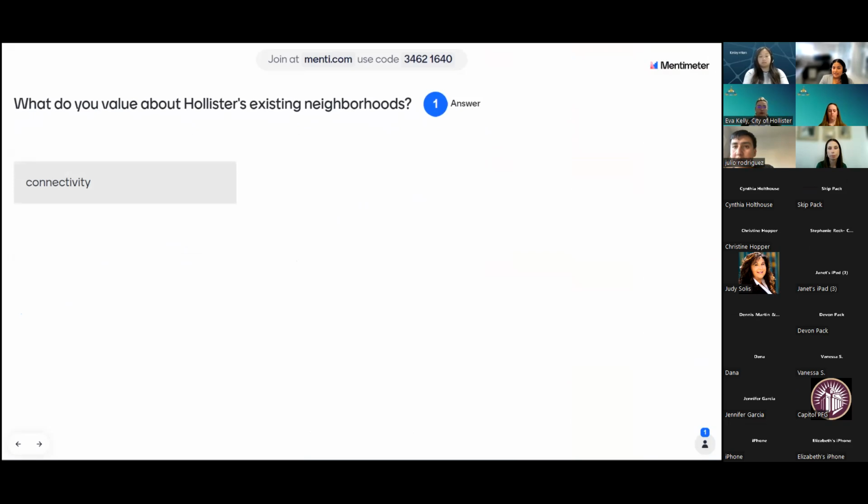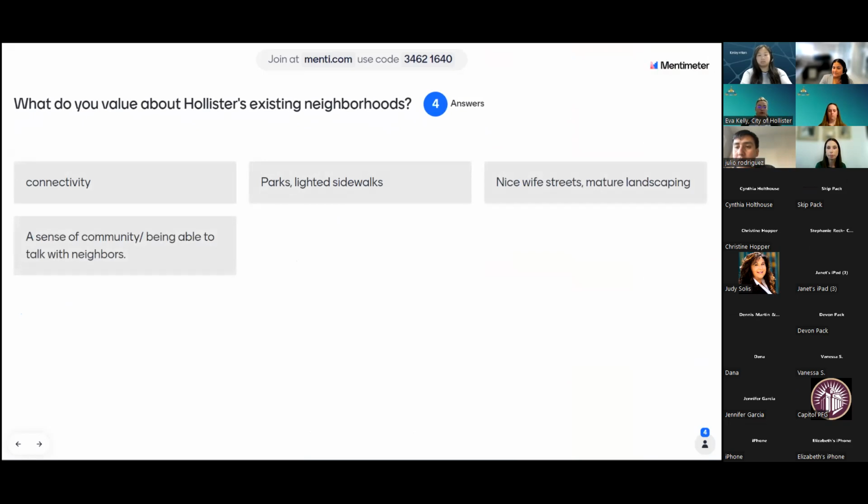And this can be about the character of the housing units themselves, about the community, about any resources related to neighborhoods in the city. All right, some of the trends we're seeing is wide streets, walking trails, as well as a sense of community. Parks as well.